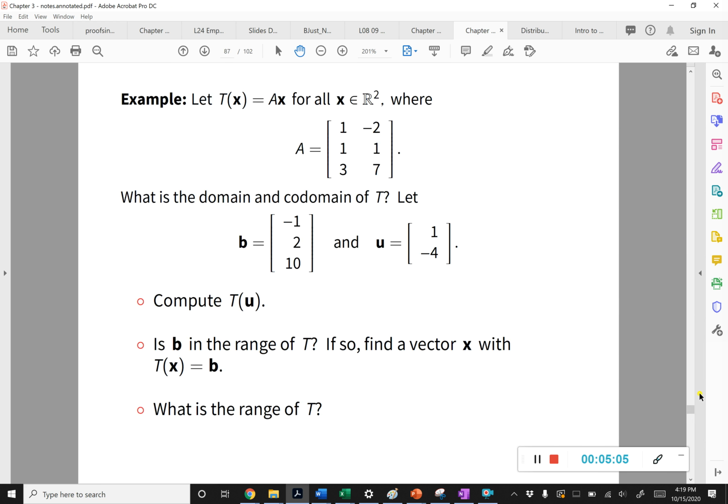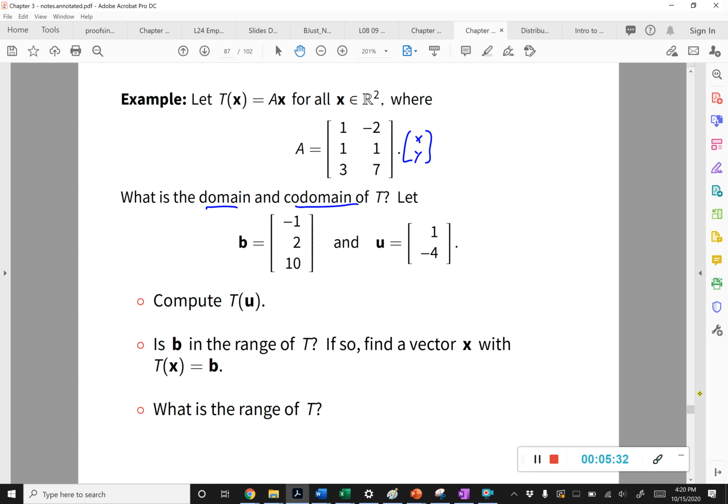So what is the domain and codomain of T? So here is a matrix A. This matrix is going to do a transformation for all x in R2. So we start with an x in R2, right? This is the xy. We can do that multiplication. And what are we going to end up with?